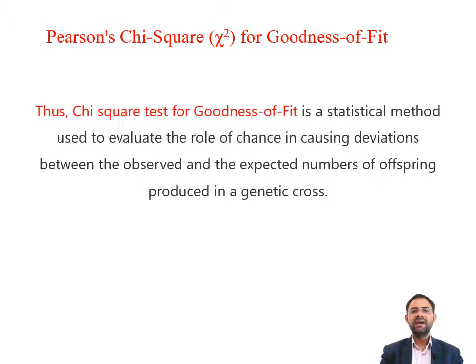Now, the Pearson chi-square test for goodness of fit. Thus, the chi-square test for goodness of fit is a statistical method used to evaluate the role of chance in causing deviations between the observed and the expected numbers of offspring produced in a genetic cross.